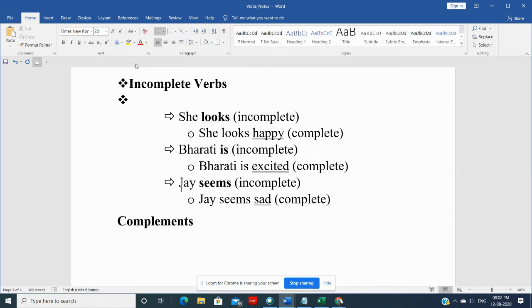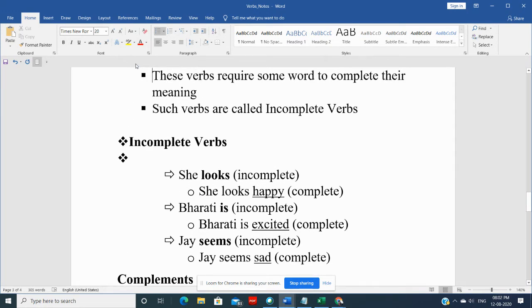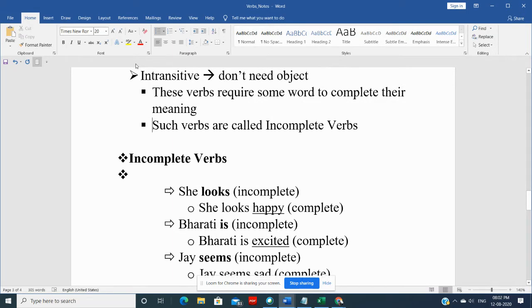All right? So, again, see, there are some verbs which don't make sense alone. They are incomplete, meaning they need some word to complete their meaning.